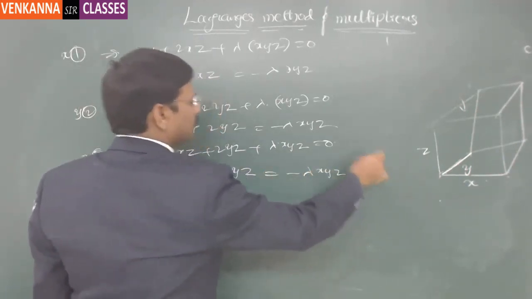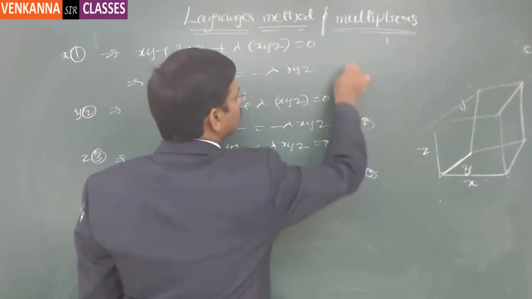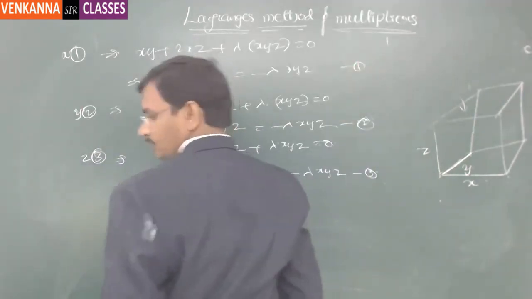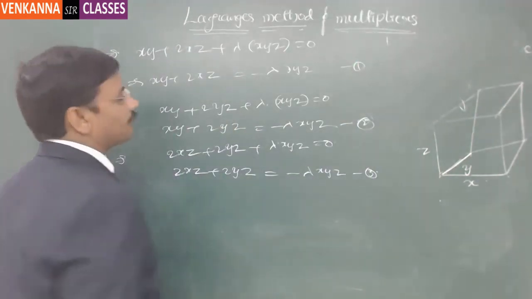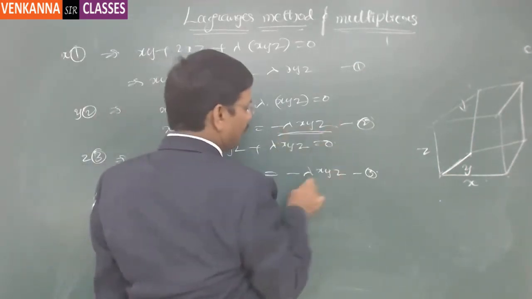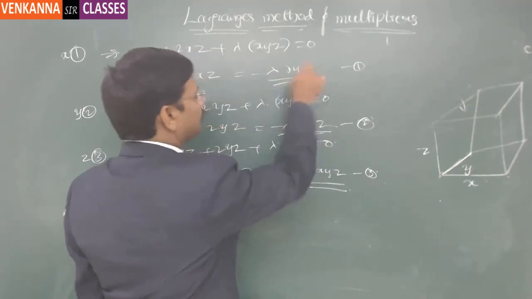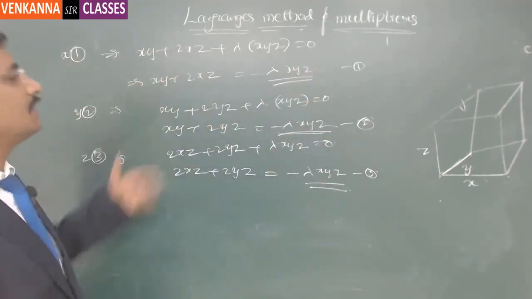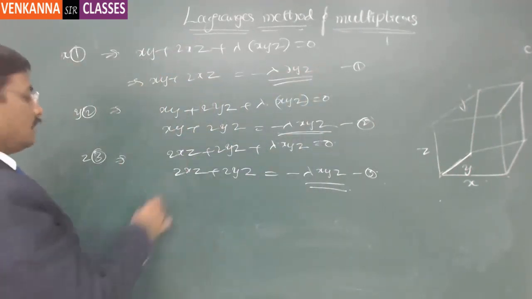So this is equation number 3, this is equation number 2 and this is equation number 1. Now why I have written in this format is, the right side part is the same in all of them, so that I can equate these equations, or subtract them.